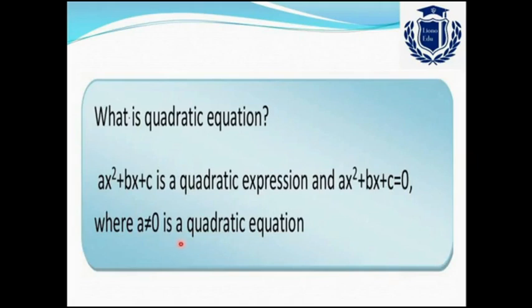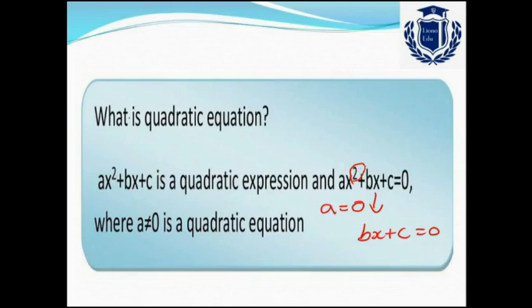We wanted to know what will happen when a becomes 0. When a is equal to 0, then this particular equation will become bx plus c equal to 0, which is not quadratic but linear. If it wants to be quadratic, then the power has to be 2. And let me tell you one thing that you should remember. If the power is 2, then there will be 2 solutions for the equation.